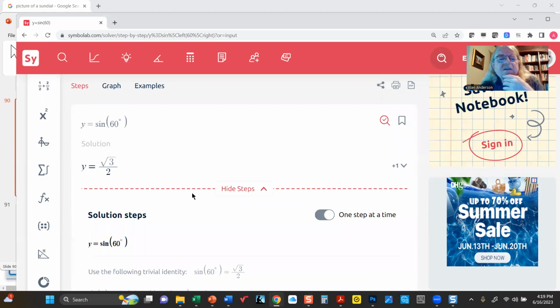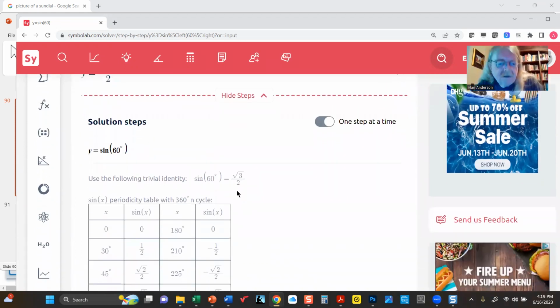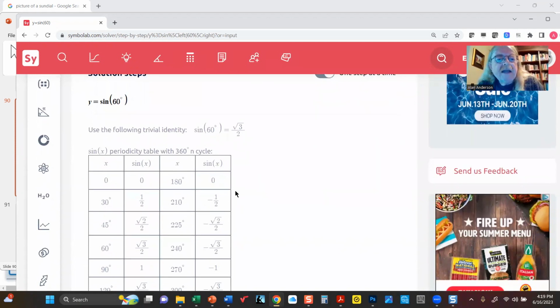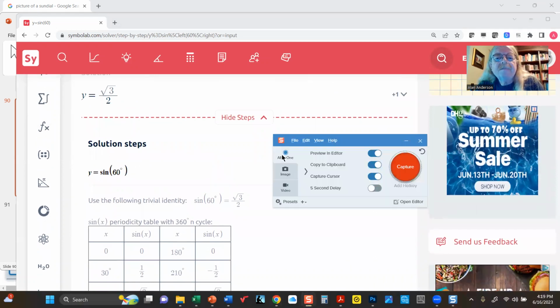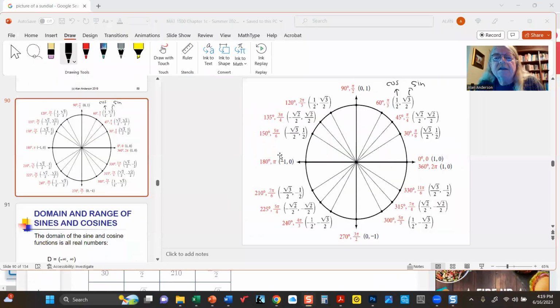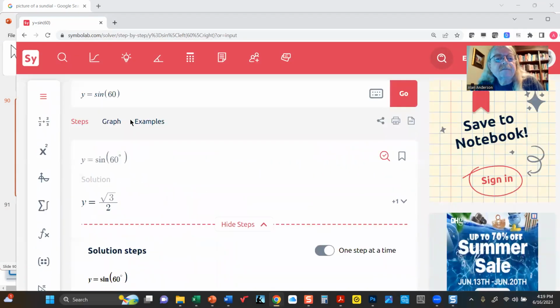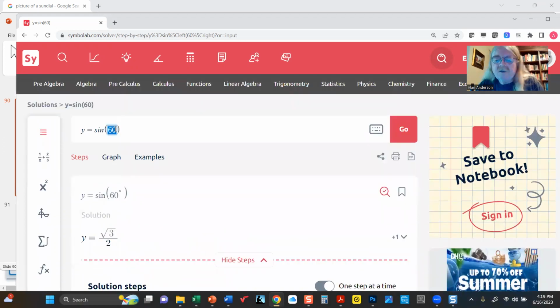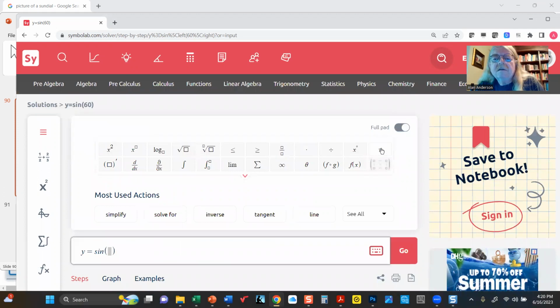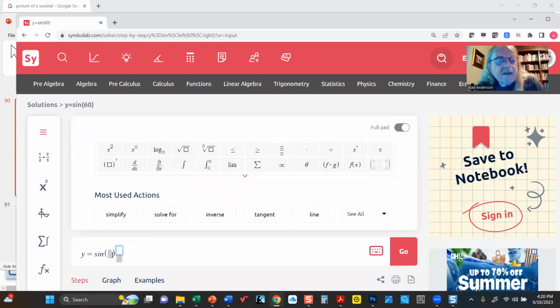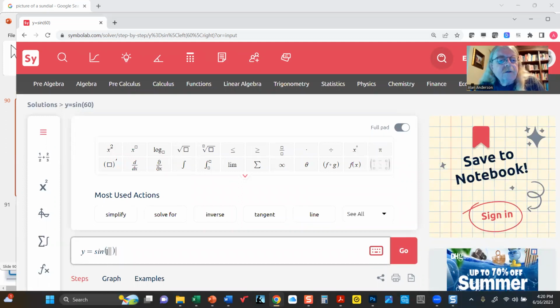And just out of curiosity, what I'm going to do now is ask it for not sine of 60, but pi over 3. I want to see how it reacts to that. I have to assume that once we toss in that pi there, it will figure out that we're referring to radians, although there doesn't seem to be any button here that lets us tell it which one we mean.